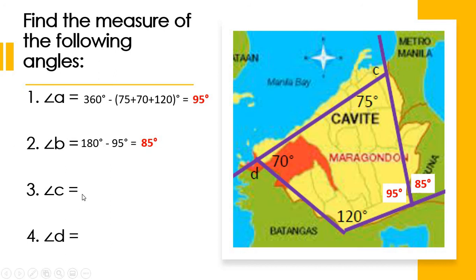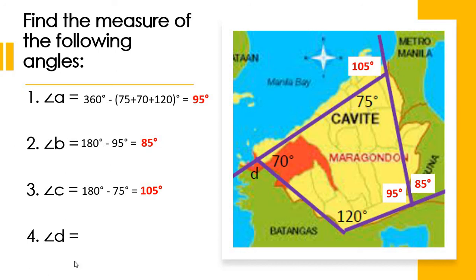How about the angle C? Angle C is the exterior angle of this interior angle, which measures 75 degrees. So, same sa procedure na ginawa natin sa number 2 for the angle B. So, 180 degrees minus 75 degrees, which is equal to 105 degrees. So, angle C is equal to 105 degrees.